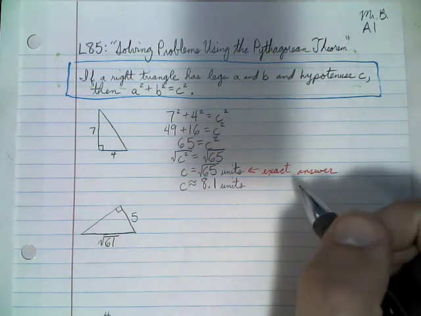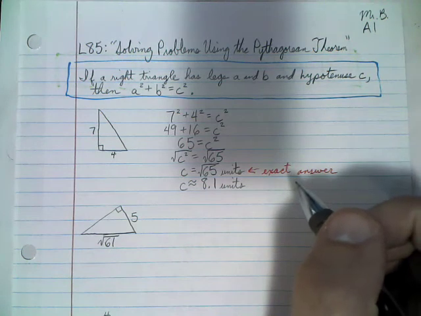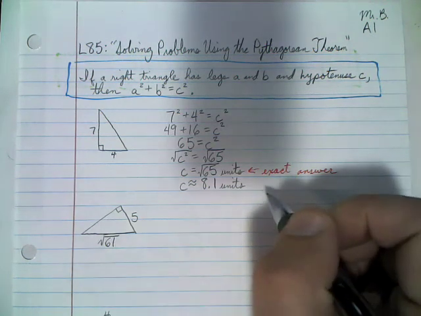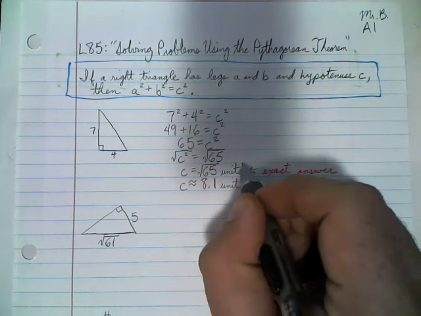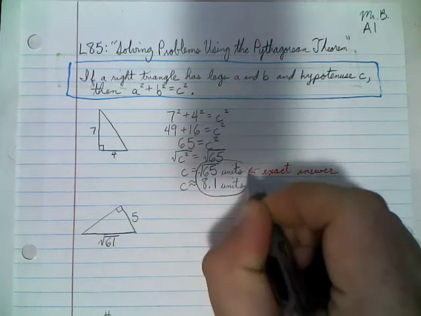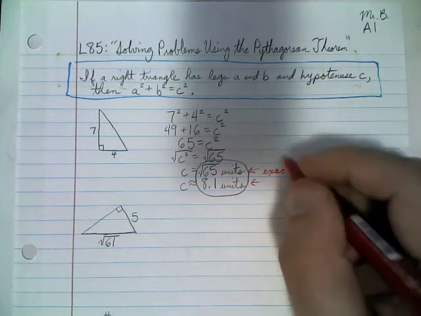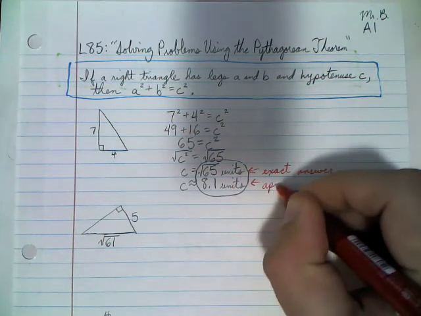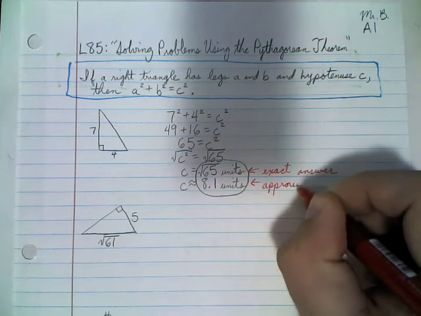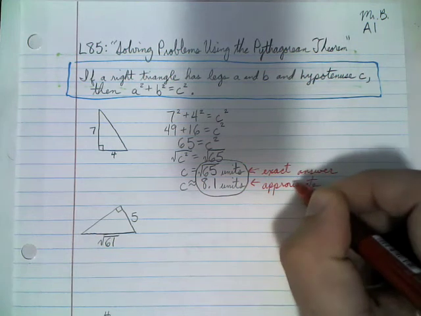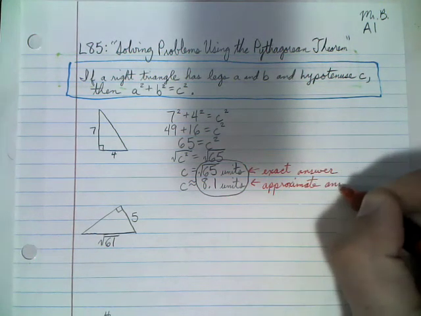So depending on exactly how exact of an answer I'm looking for, either one of these potentially could be my answer: either the exact answer or the approximate answer.